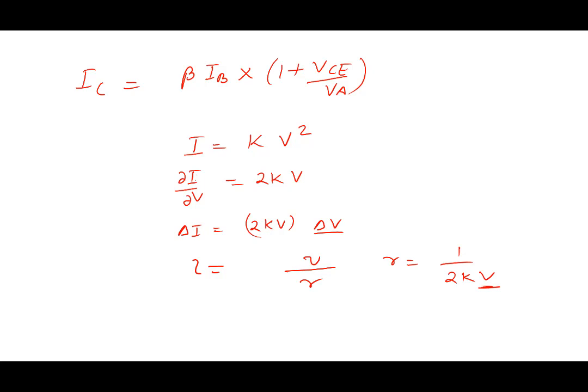V is the bias voltage. We did it like this, del I by del V.